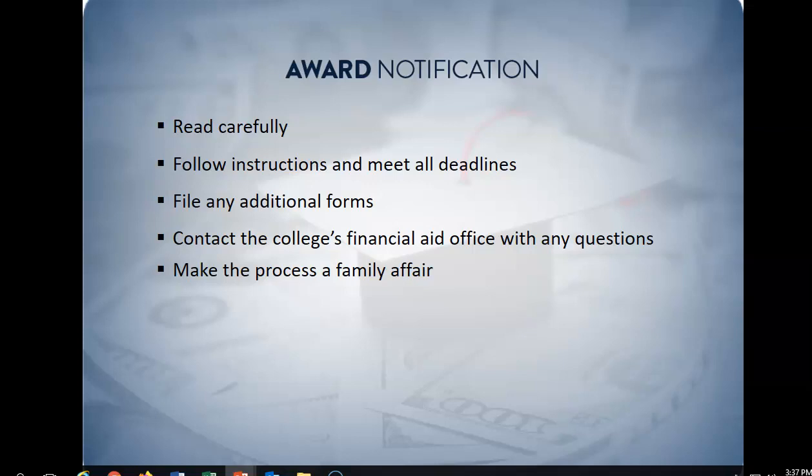And always keep the student in the loop. Make sure the student is aware of what is necessary to complete all this, and that whatever pieces of the puzzle are required of the student, that they do it. For example, when a student takes a federal loan, they have to complete a promissory note, and they have to go through a brief entrance counseling on the federal government's website.